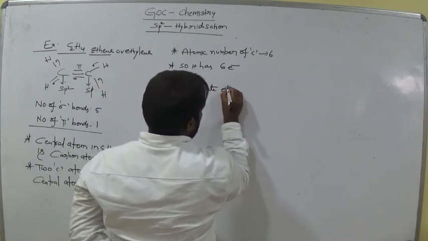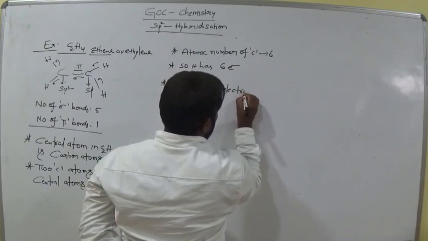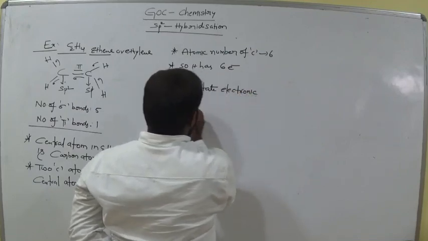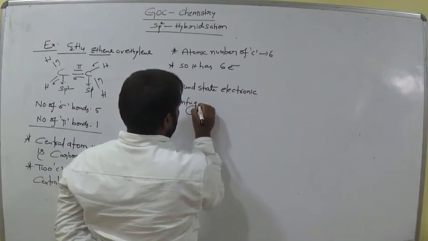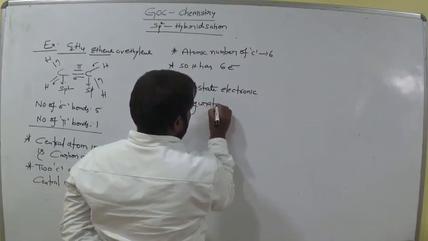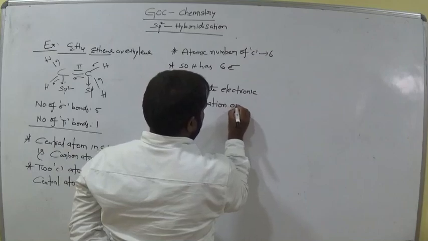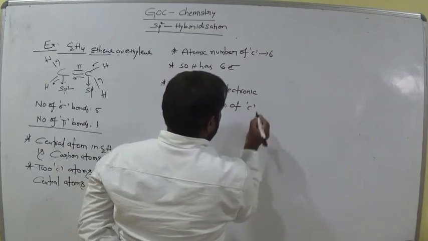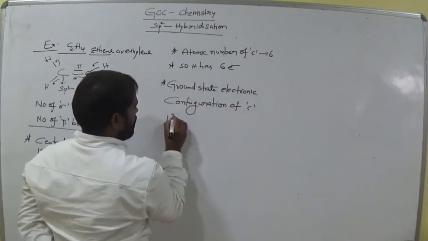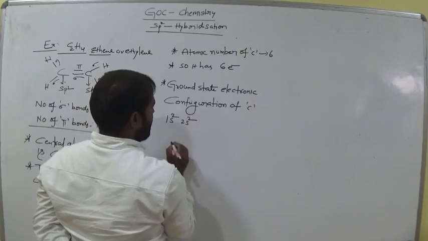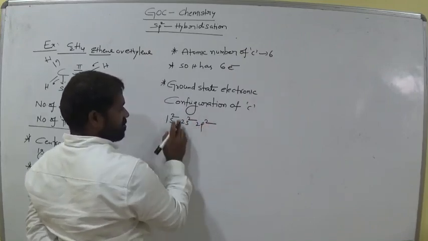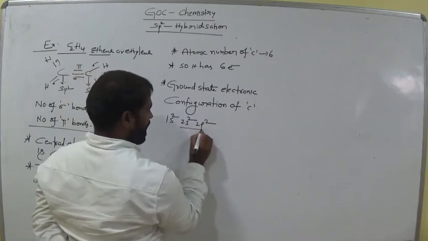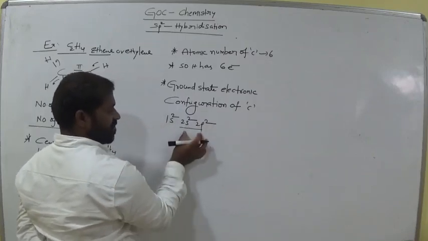Ground state electronic configuration of carbon: 1s2, 2s2, 2p2. Is it clear? Total 6 electrons. This is the valence shell electronic configuration.